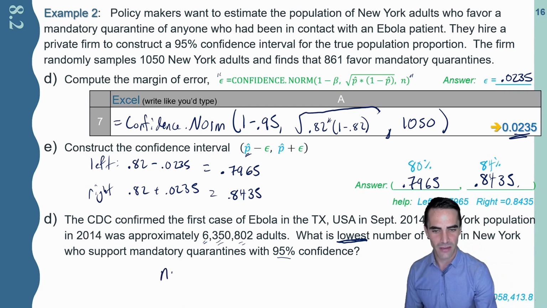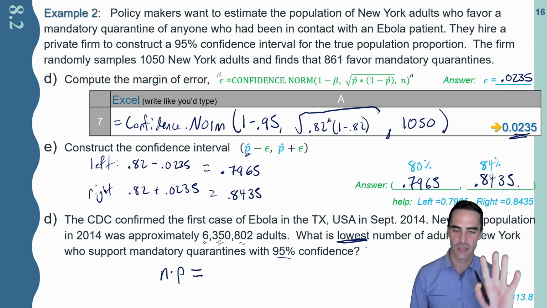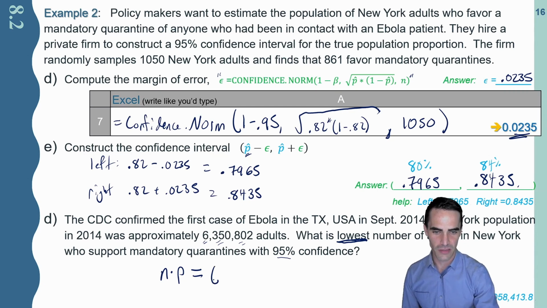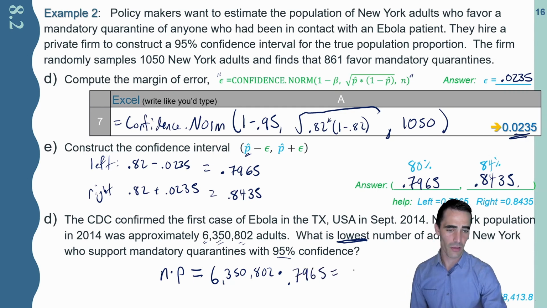I have N times P, the number of people in this case doing what we are interested in. Lowest is what we're trying to project here. So it should be 6,350,802 times P, the proportion. You can either use 80%, or I'll be more exact and use the decimal that I have over here, 0.7965. And we should get a pretty large number.